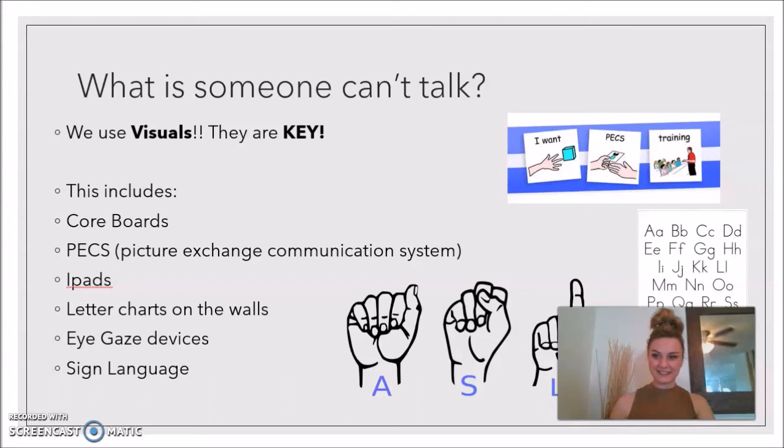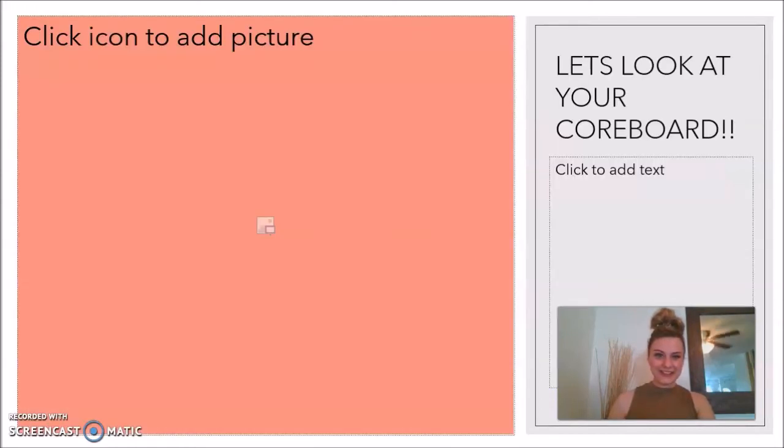So let's move on here and take a look at your core boards. Mine didn't print out very well right here. I have another one, but it's in my clinical bag. With the core boards I made, it has some very basic things, like different numbers and months and feelings on the back.